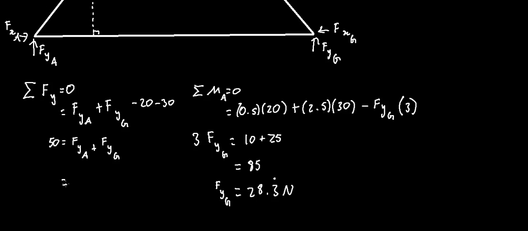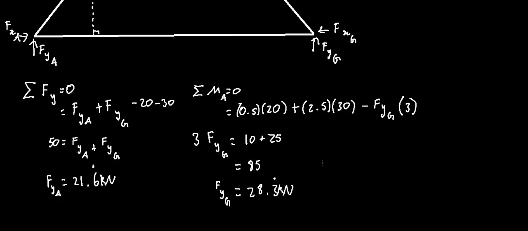That's 65 over 3, which is the same thing as 21 and 2/3. So Fya is equal to 21.6 repeating newtons. Not newtons, kilonewtons.